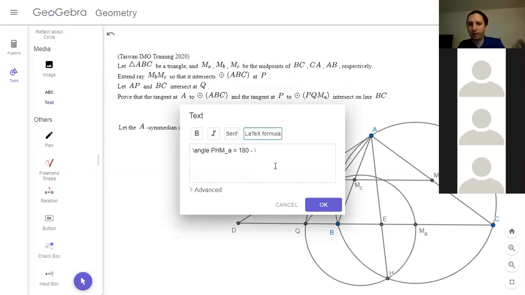I think I see what you did. So you have angle PHMA is angle BHP plus, or it's angle BHMA. I'll do it like this. Angle BHP, which is equal to, so BHMA is angle CHA.